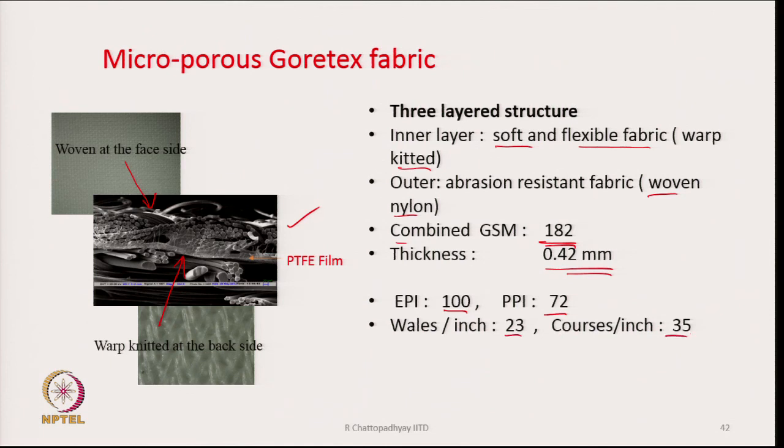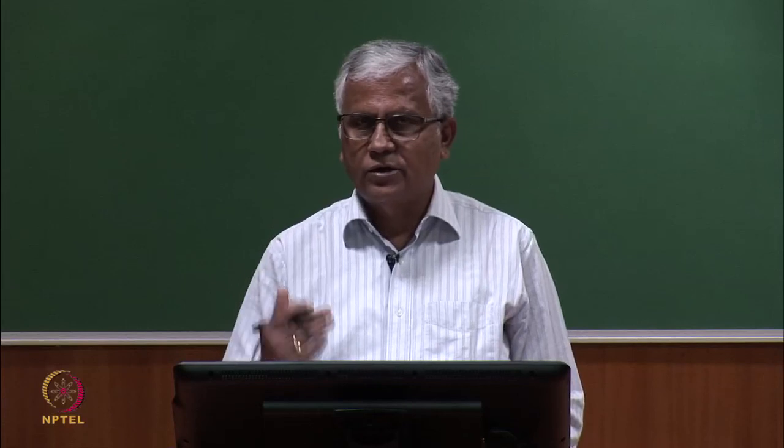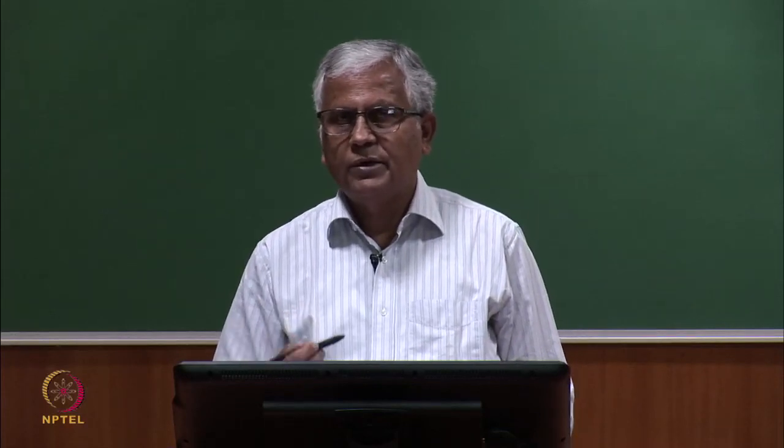So, these are some constructional values of the Gore-Tex fabric which are used in many applications, especially where we have to protect a person from raindrops, but we have to allow the vapor to pass through.